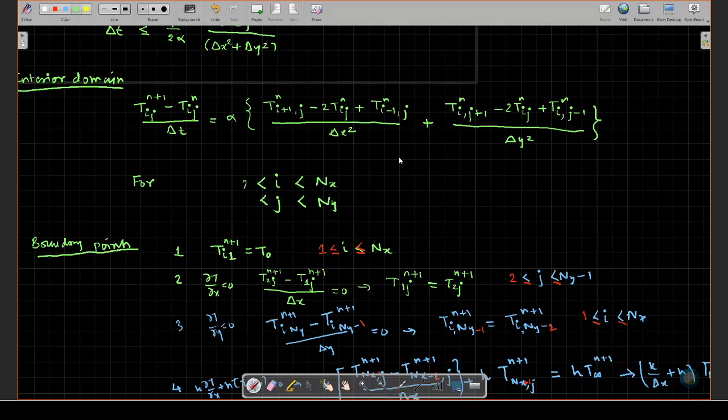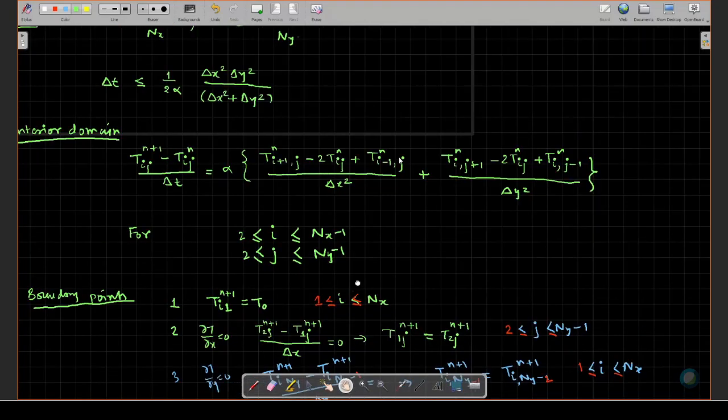This will be starting from 2 to nx minus 1. This is also starting from 2 to ny minus 1. You understand this? 2 to nx minus 1 means all these points.